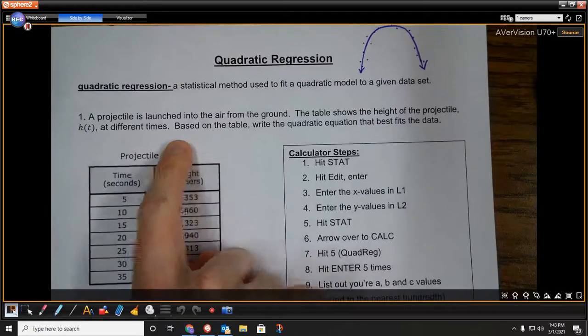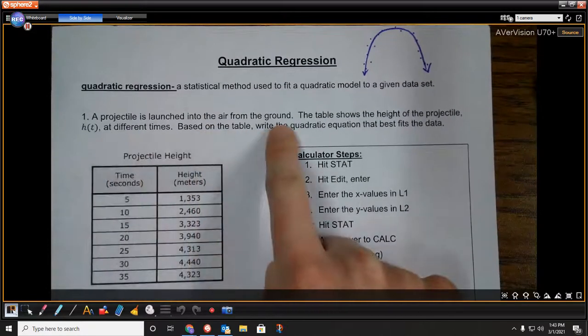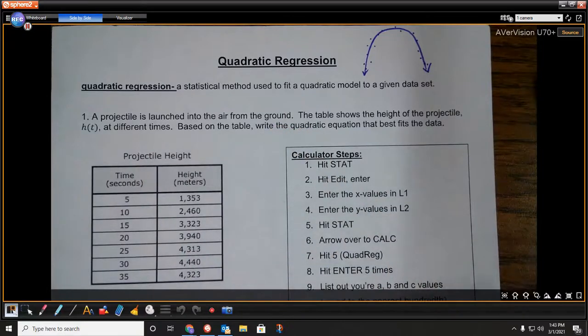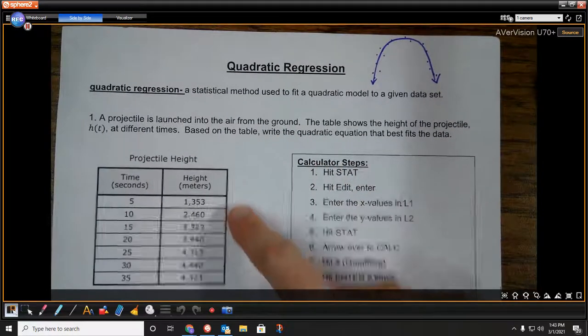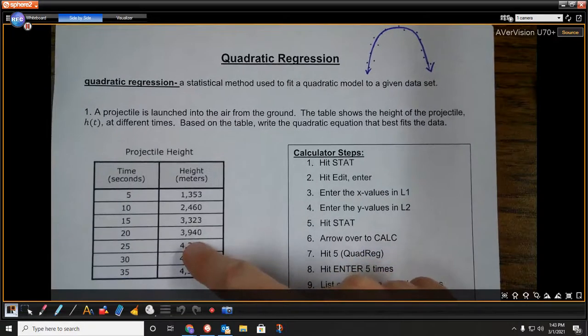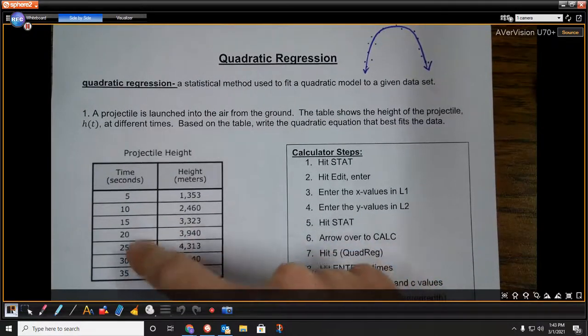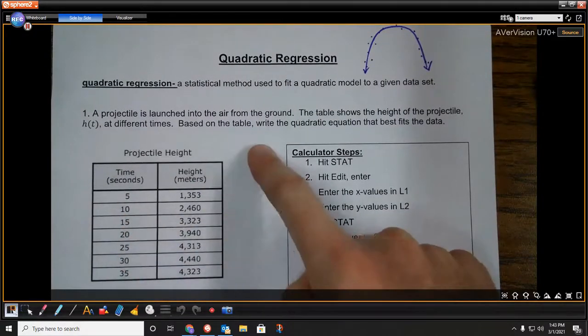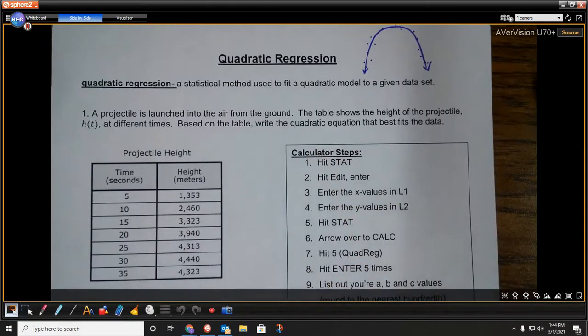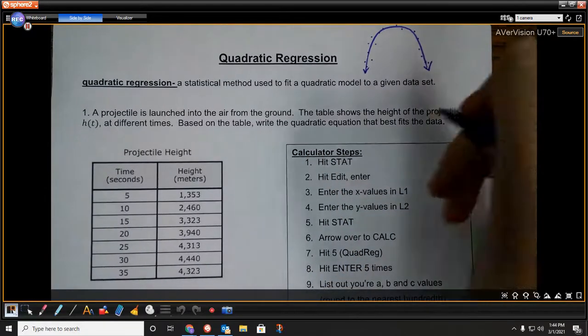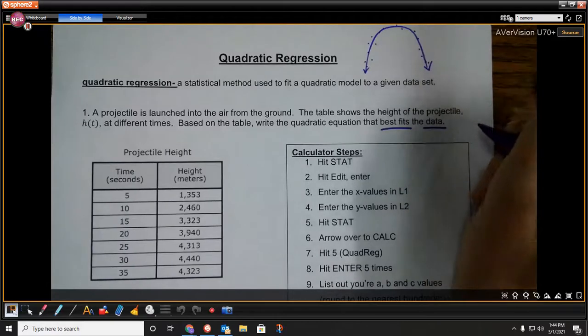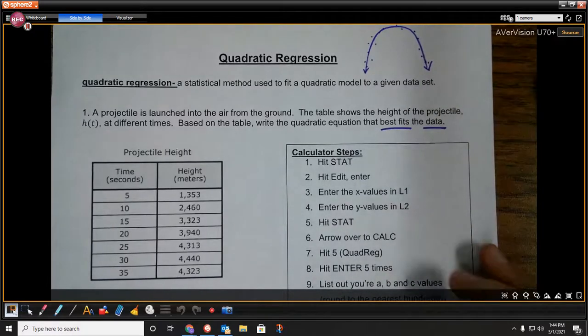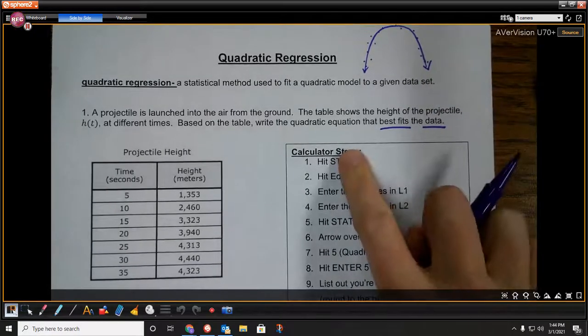So for number one, it says a projectile is launched into the air from the ground. This table shows the height of the projectile, h(t), at different times. So based on this table, we want to find a quadratic equation that best fits this data. We will do this with a calculator.